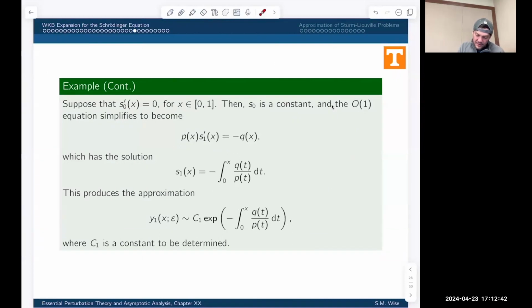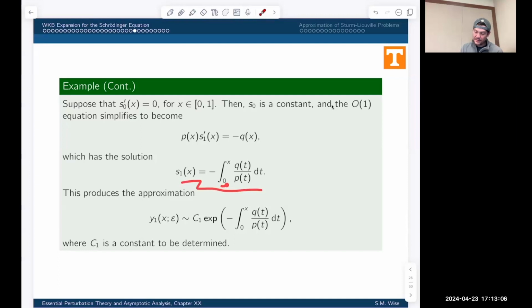So let's suppose first that S naught prime is equal to 0. That means that S naught is a constant, and the order 1 equation simplifies to just this. That's a first order equation that is integrable. We can divide by P because we know that P is not 0, and we can just integrate that to give us this.